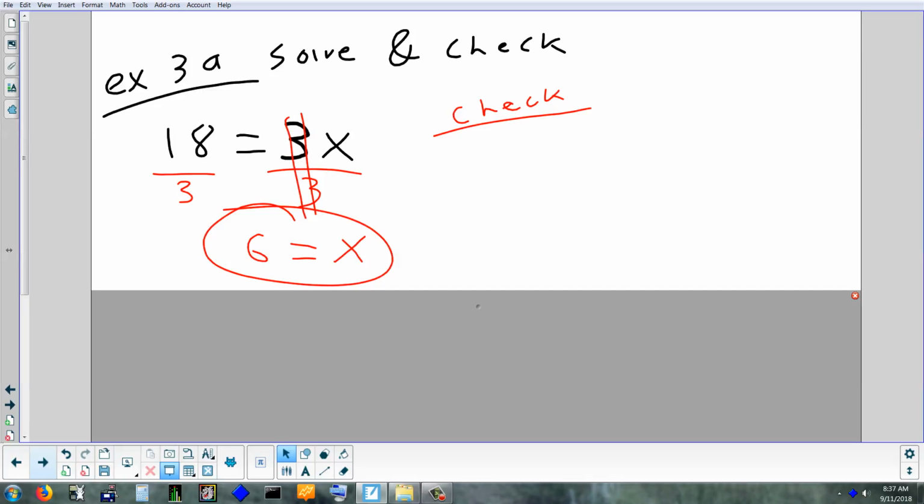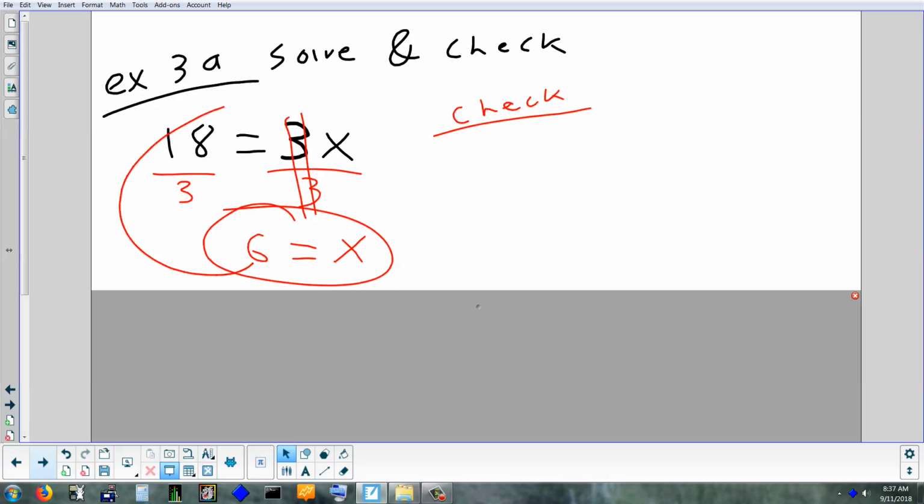Can't you just do 6 times 3 and get 18 as a check? Yeah, that's how you check it. Exactly. That's what we're going to do. I just want to know what to write down first. Mary? You just would put the 6 in where the x is.